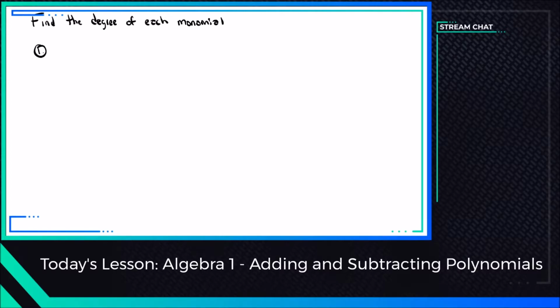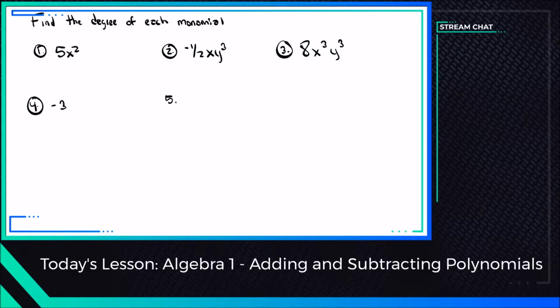Maybe you're taking notes alongside of me at home. So the first one's 5x squared. The second one is negative 1/2 x multiplied by y cubed. The third one is going to be 8x cubed y cubed. The fourth one is just going to be the number -3.